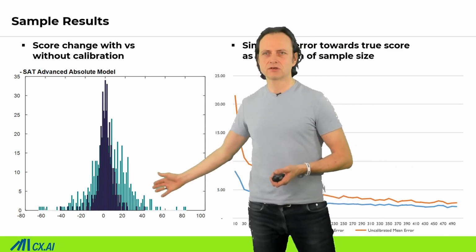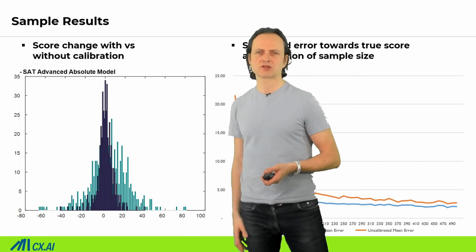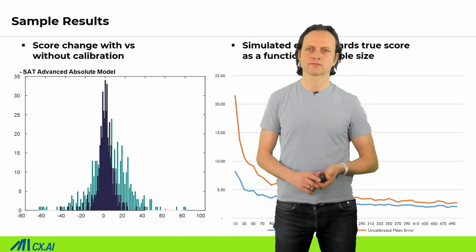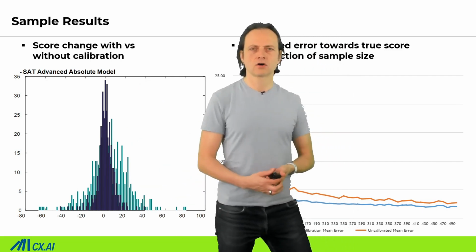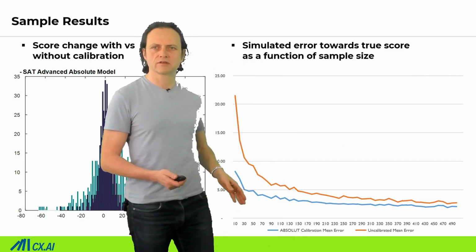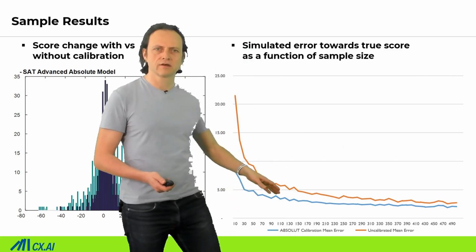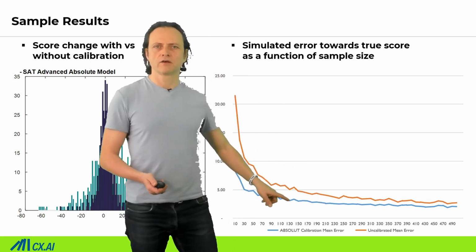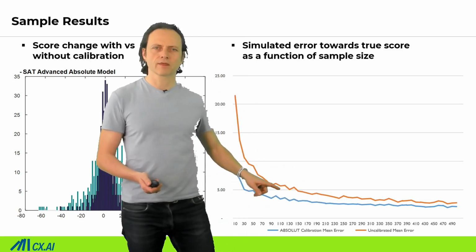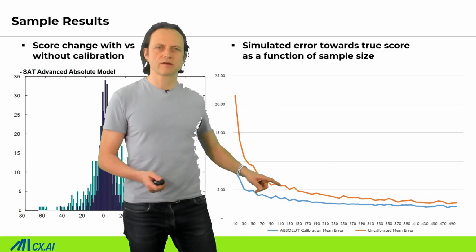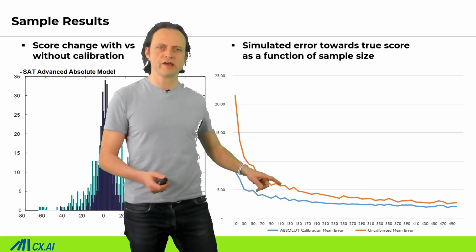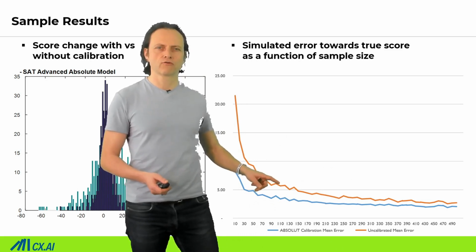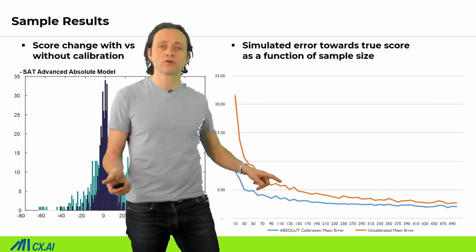With calibration, it now gets much more stable. And here's the simulation result. This is the sample size. The orange line is actually the standard error, the deviation of your scores from the truth.